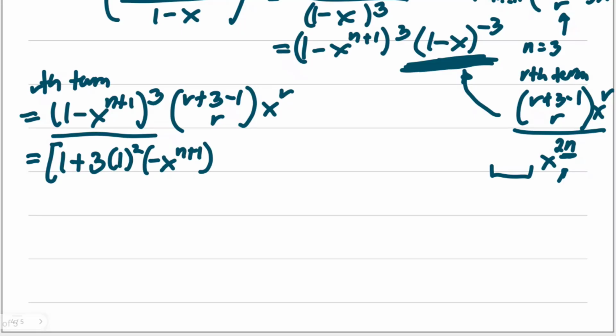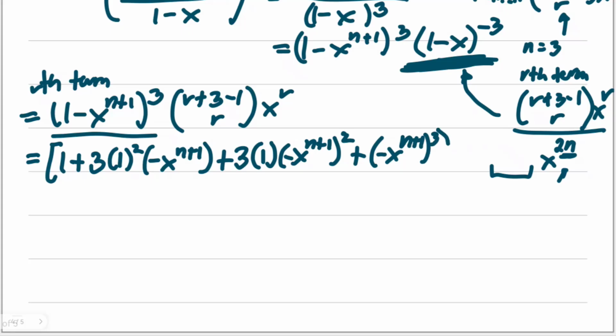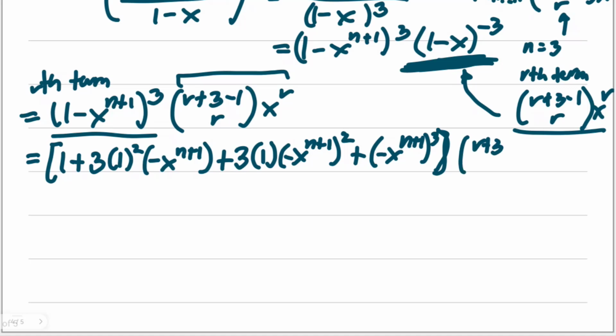Okay, so pardon me here, then plus 3 times 1 times the square of the second term. Okay, and then finally you have here plus the cube of the third term. This will still be multiplied. Let me erase this portion here. This will still be multiplied to this rth term. You will have here r plus n minus 1 combination r x to the power of r.